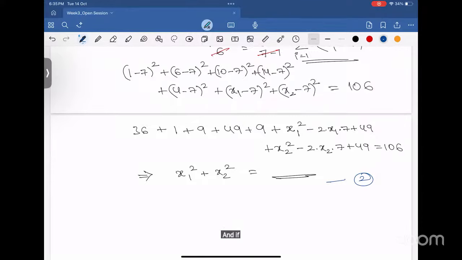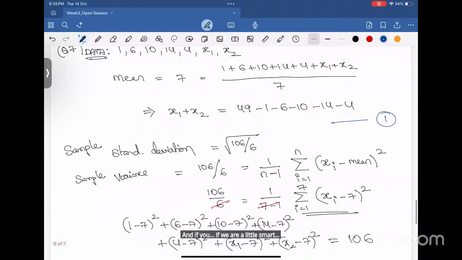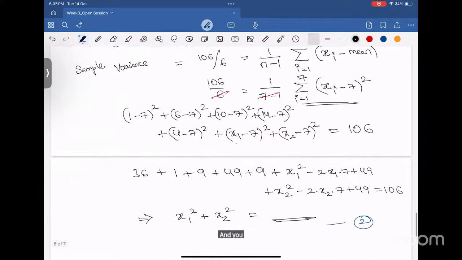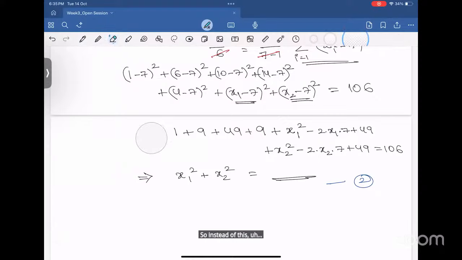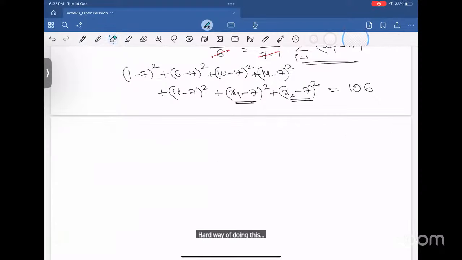If we are a little smart, we can clearly see that we can find x1 plus x2, which is 48, 42, 32, 18 minus 4 is 14. So x1 plus x2 is 14. And you have x1 minus 7 and x2 minus 7 here. So instead of this hard way, we bring in new variables to reduce our work.